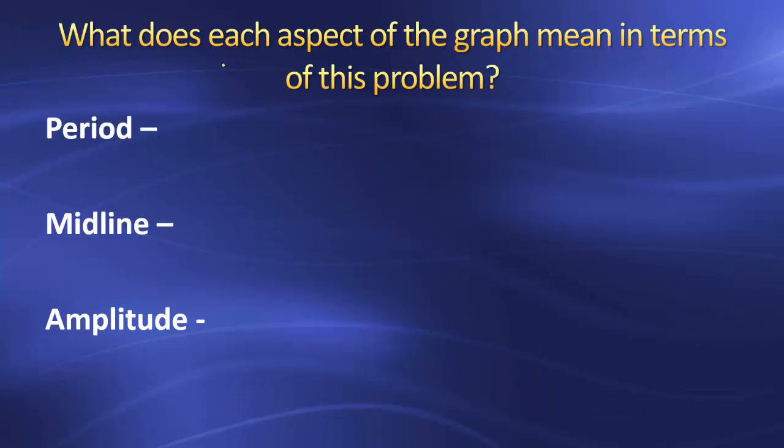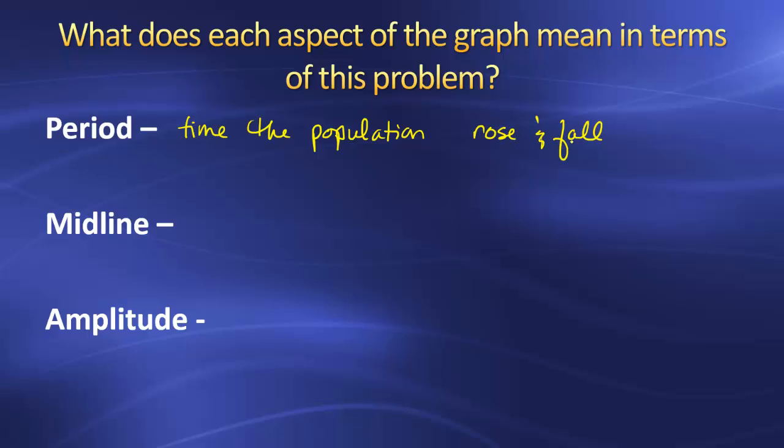And then finally, what does each aspect of the graph mean? Period: that's the time the population rose and fell before repeating.